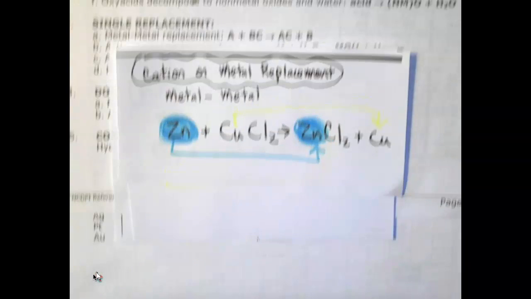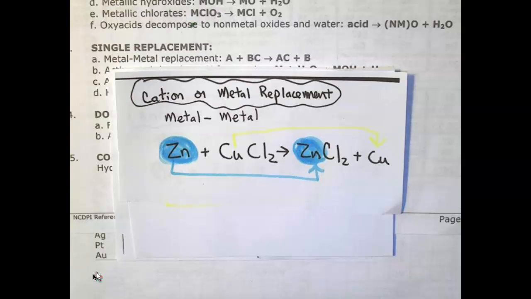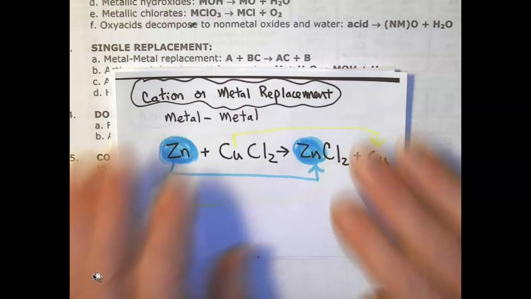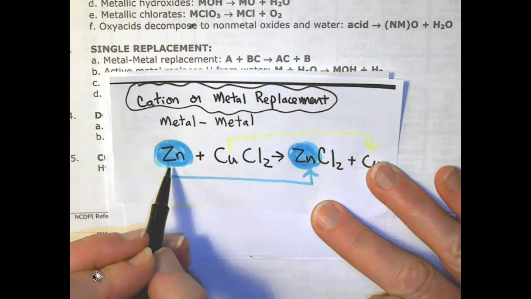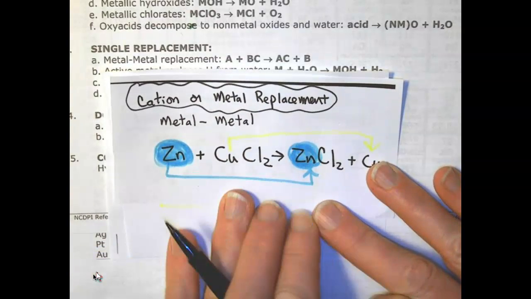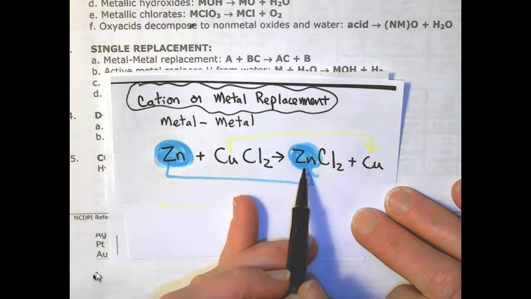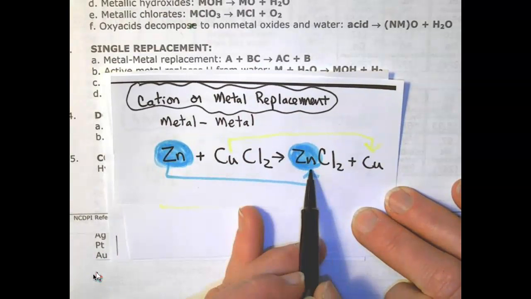Now, if you look, there's many types, but the one thing we can always recognize these by is that there is one reactant. So in this case, we're going to look at single replacement, and our first example will be metal-to-metal replacement. How I recognize these is we have a single metal by itself, an ionic compound, and then that single metal replaces the metal.